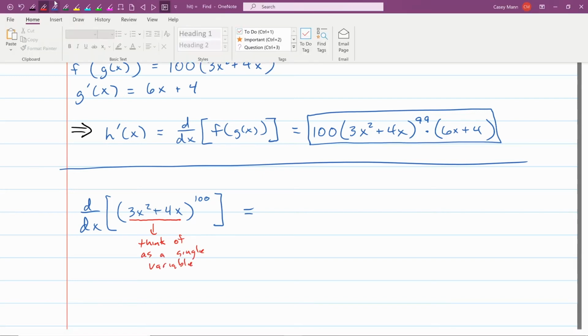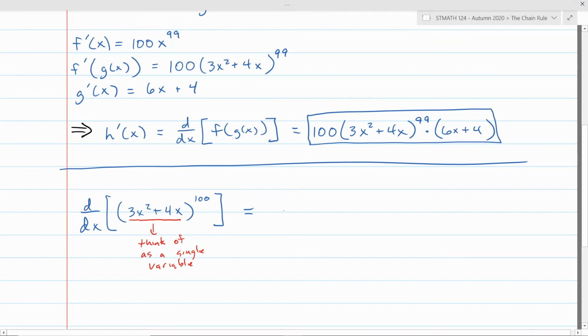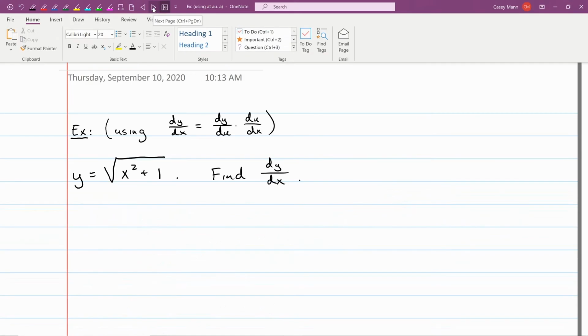If it were just a single x, I would bring the 100 down, and then I would lower the power on that variable to the 99th. But then I say, hey, I've got to remember by the chain rule, I have to take the derivative of the inside. So I multiply times the derivative of the inside, which is 6x plus 4. So you see, I can go straight to the answer just by paying attention to what's the inside and what's the outside.